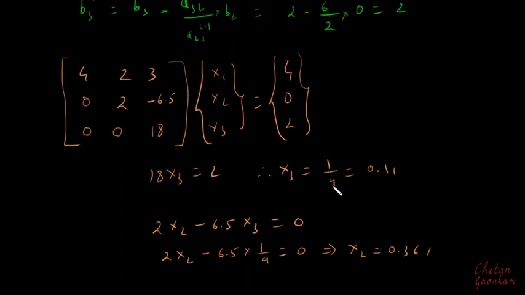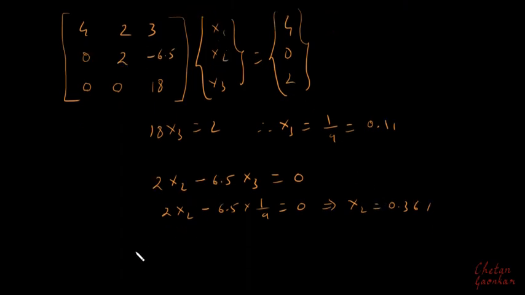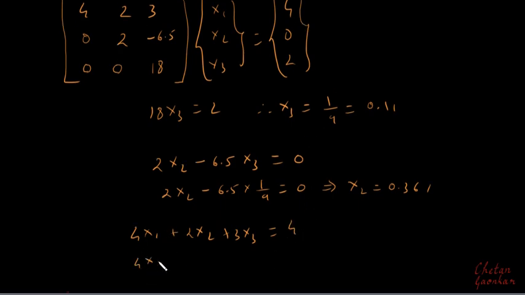Now once I get this value, finally I go to the last equation, that is 4x1 plus 2 times x2 plus 3 times x3 should be equal to 4. I know these values of x2 and x3, that is 4x1 plus 2 times x2 value 0.361 plus 3 times x3 value 0.11 should be equal to 4.